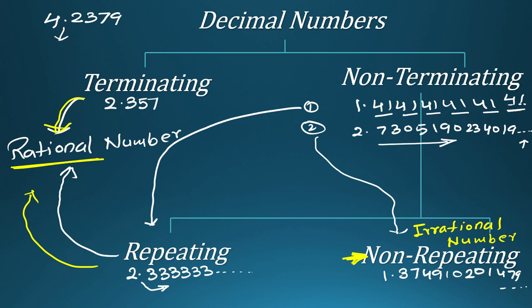So these are some types of numbers. I hope you understand all these numbers in detail. In my another video, I will explain about rational numbers, how to identify whether any number is rational or not, which will be a really important video for you. So don't miss it.